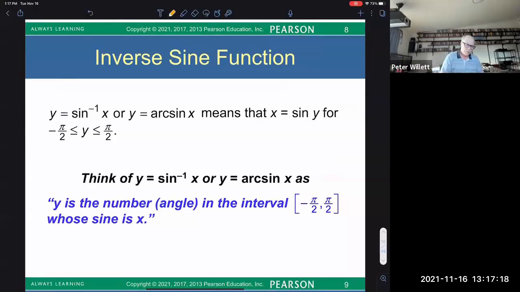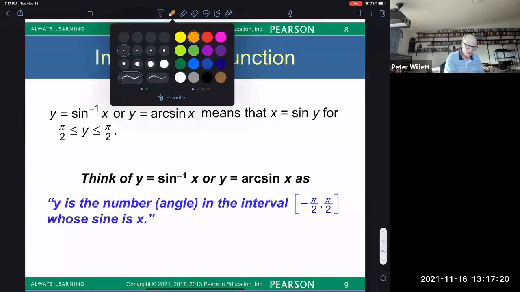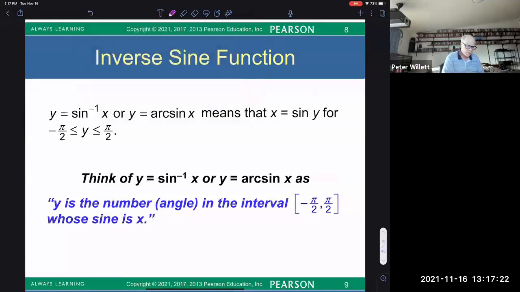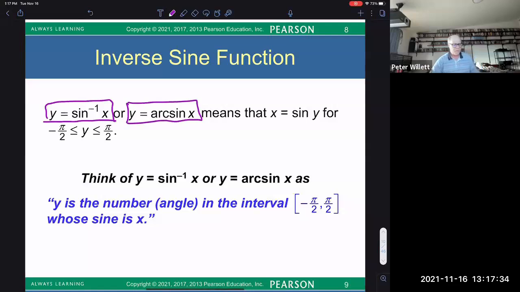All right, so if we have this notation now, we have y equals inverse sine of x, which I just drew too short. Or as I mentioned, you could also write this as arc sine of x, and that avoids using that little -1 notation that sometimes gets confused with an exponent when it's not.